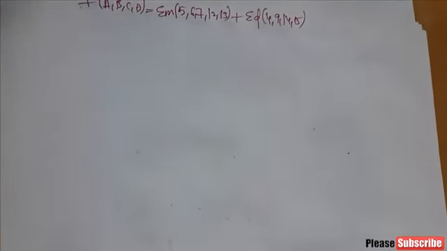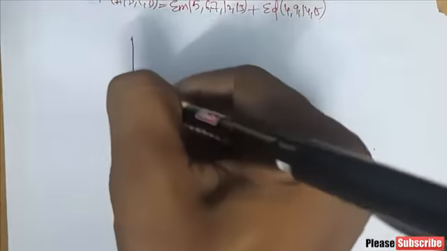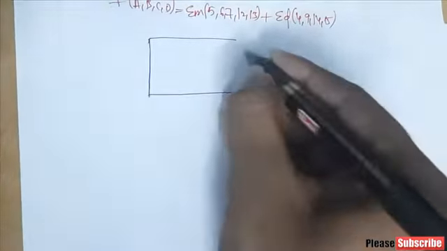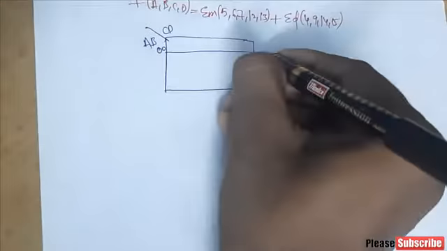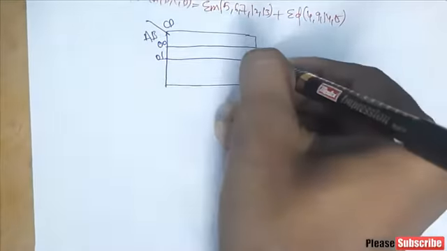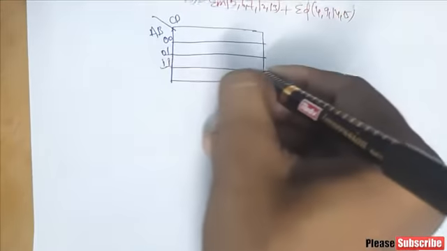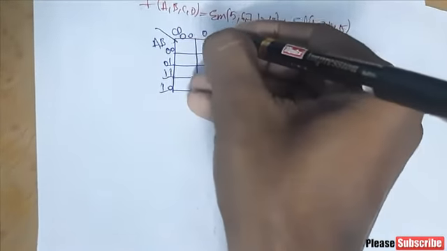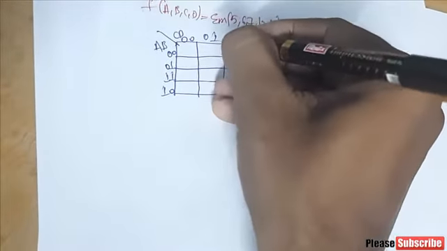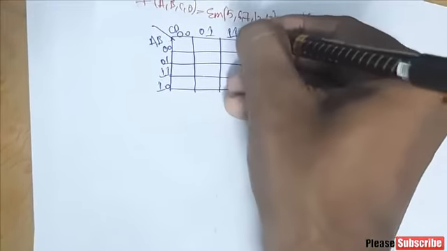Let's see the don't care conditions for this. A, B, C, D, 0, 0, 0, 1, 1, 1, 1, 0. So 0, 0, 0, 1, 1, 1, 1, 0.